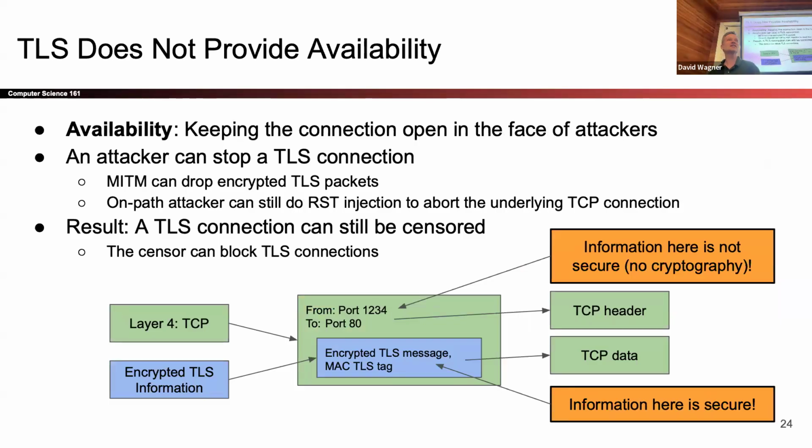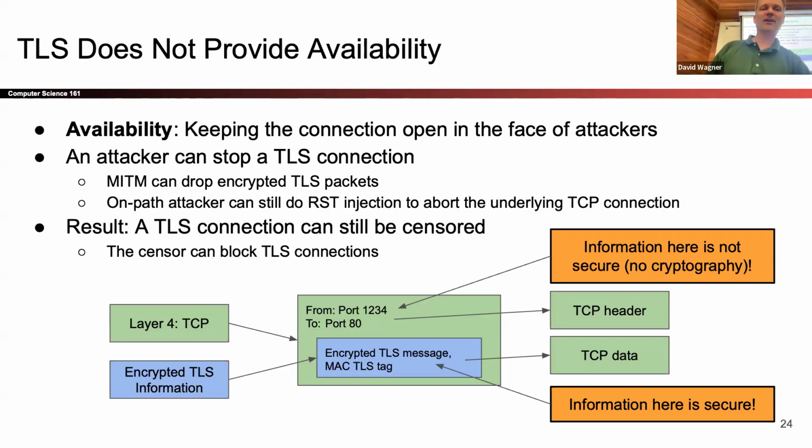All right, another thing that TLS does not provide is availability. Denial of service attacks are totally possible. An attacker can shut down or stop a TLS connection. Because remember, TLS data is sent over a TCP connection. An attacker can send a reset packet to shut down a TCP connection. And if they shut down the TCP connection, then no more TLS data is going to flow over that TCP connection.